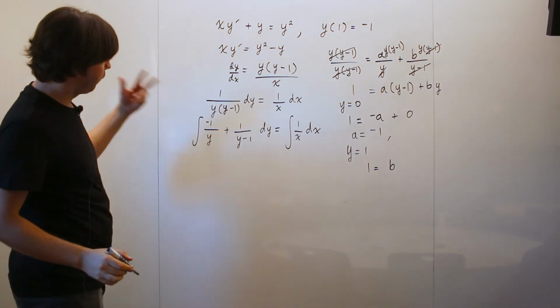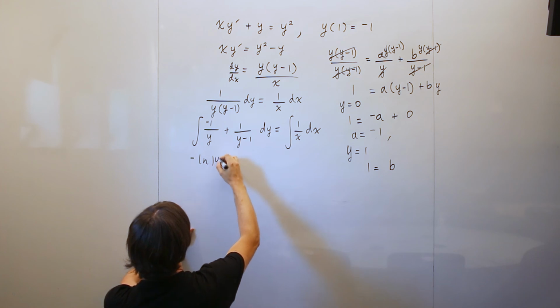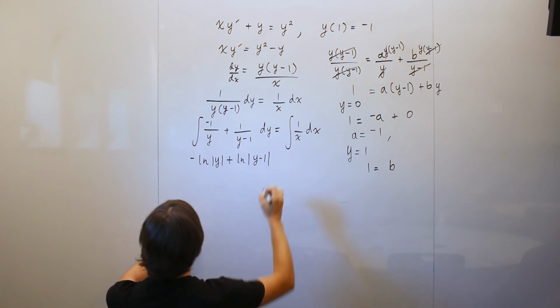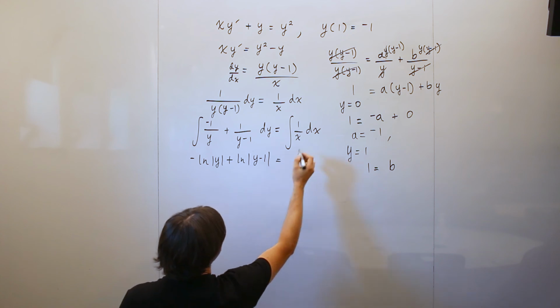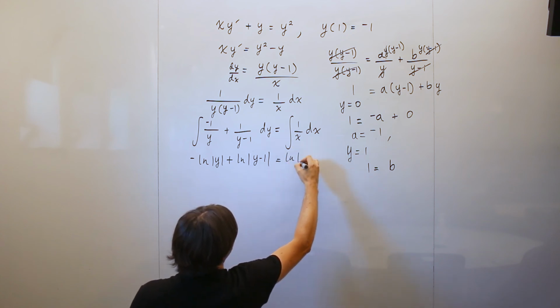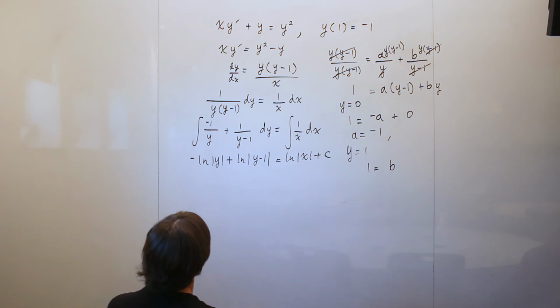The integral of 1 on y is log, but don't forget we have negative log. And it's the same thing with y − 1, just by simple u-substitution we get the same thing. And here we have log of x. Don't forget the constant. Okay, awesome.